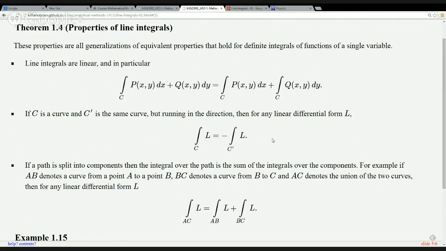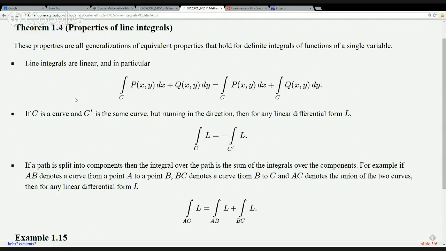A similar property holds for path integrals or curve integrals. If C prime is the same curve but running in the opposite direction, so C will be a curve going along there, but C prime will be exactly the same curve run in the opposite direction, from the end point of C back to the start point of C, then the two integrals carry the opposite sign.